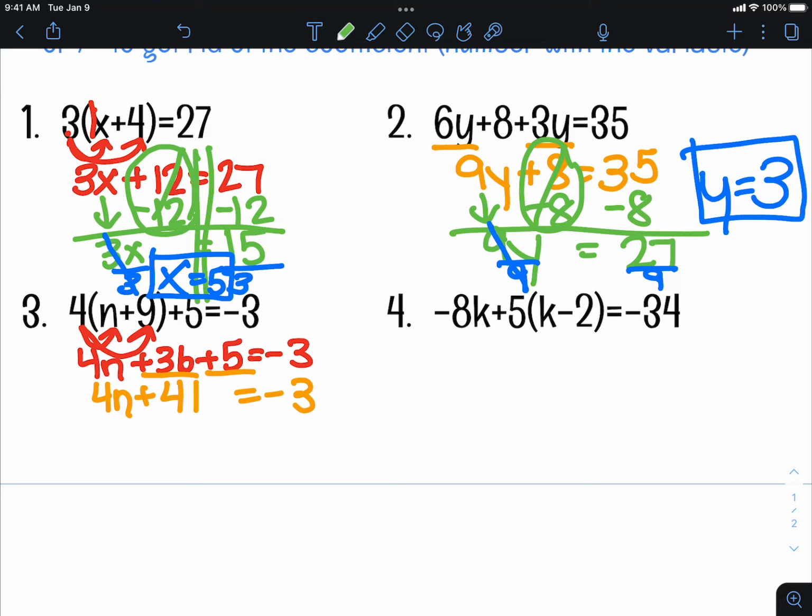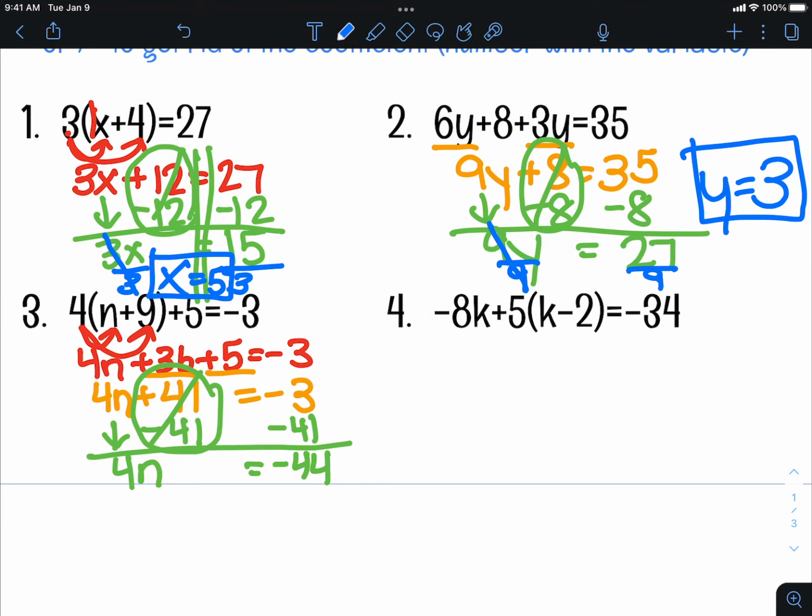So on the side with the variable, we have to get rid of that 41. So we're going to subtract 41. This is worth 0. We don't need it anymore, but we still have 4 times n over here. And on the right, if we have -3 and we go more negative 41 more times, that's -44.